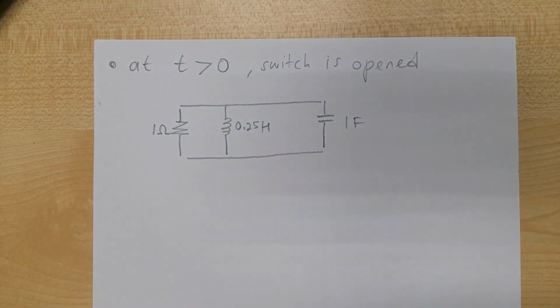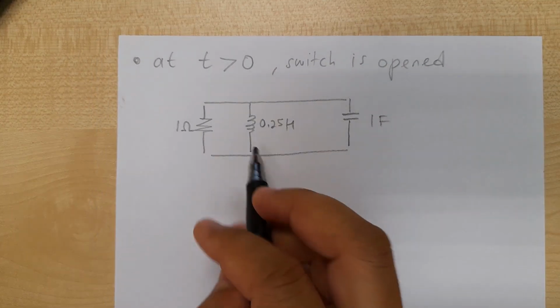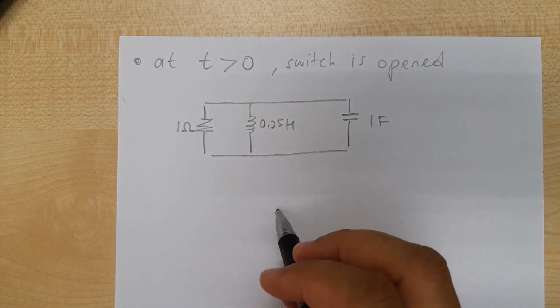This is during t more than 0, but we have initial condition for these two components, right?